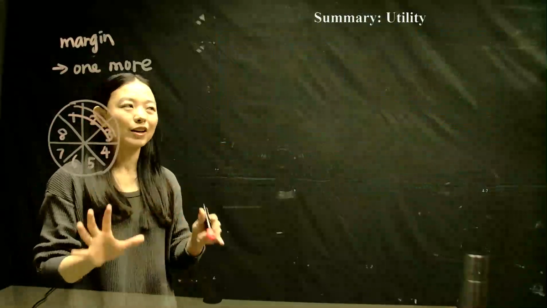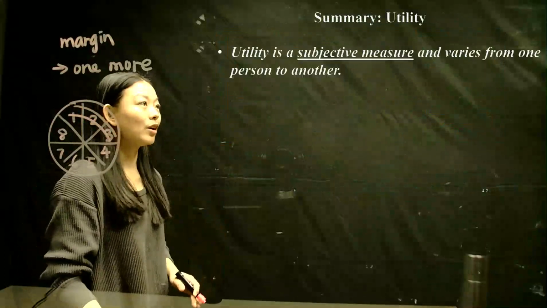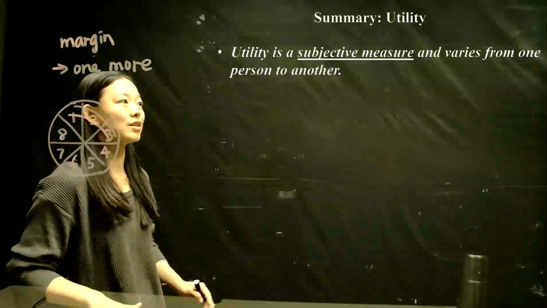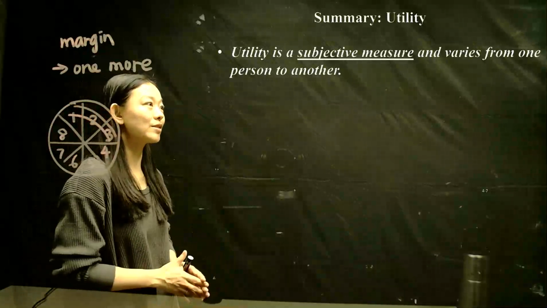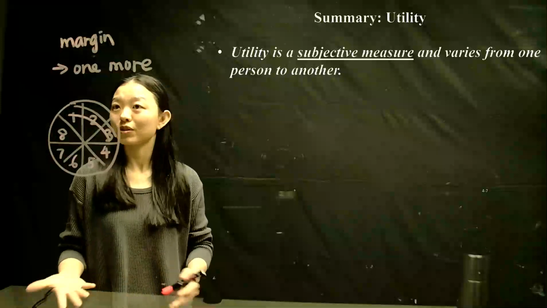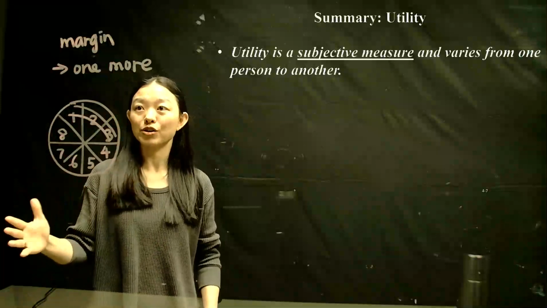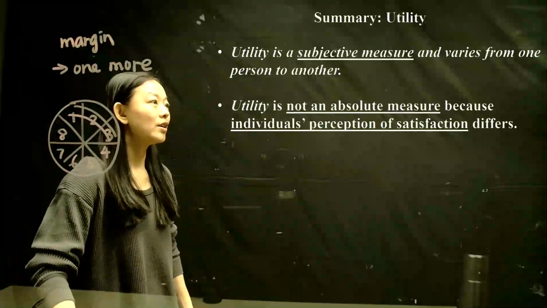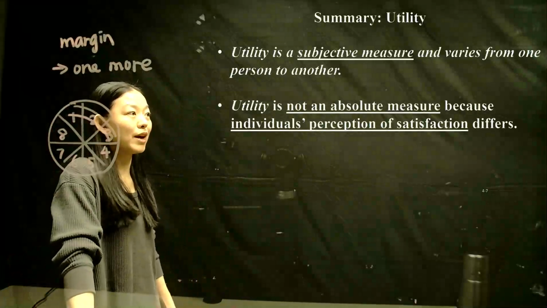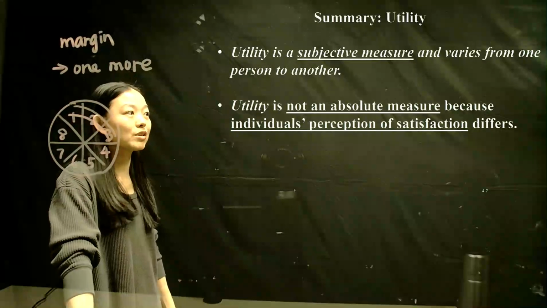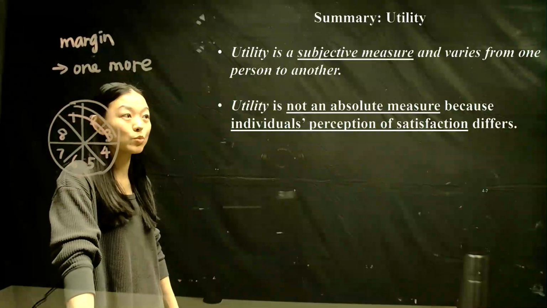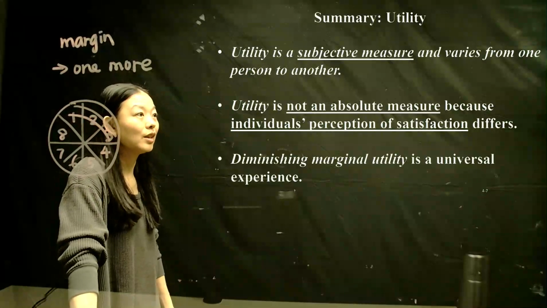So let's make a little summary about utility. Utility is a subjective measure and it varies from one person to another. There is no one single way to measure utility. Utility is not an absolute measure because individuals' perception of satisfaction differs and everyone's preferences also differ.